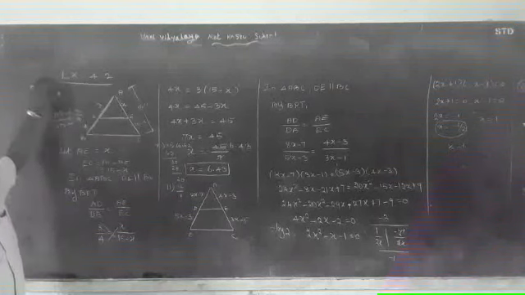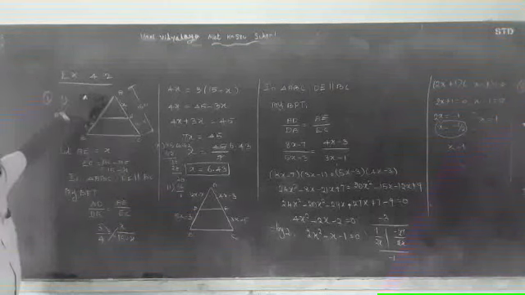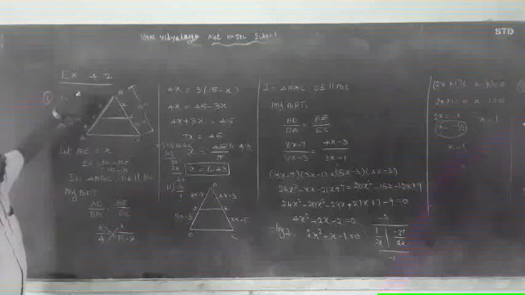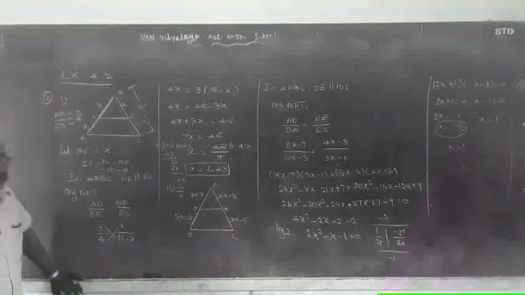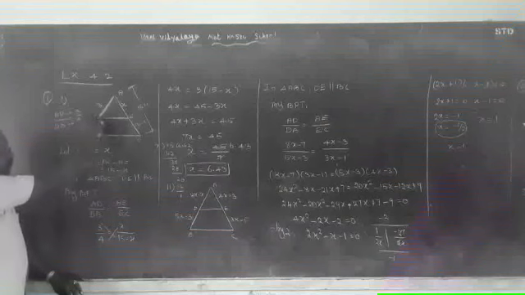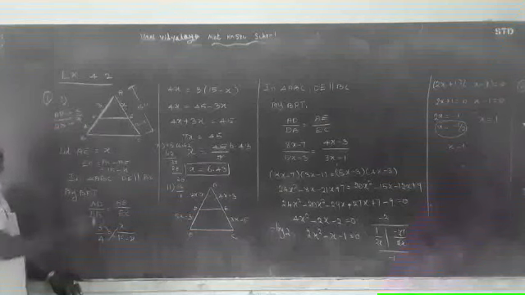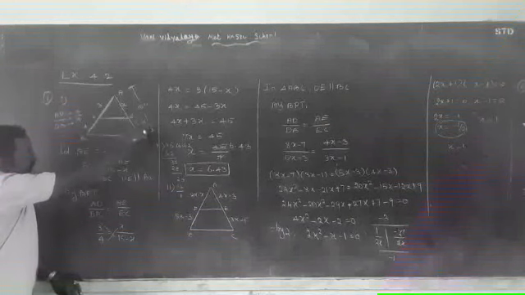So once again, another listen. In a triangle ABC, D and E are on the sides AB and AC. AD by DB equals 3 by 4 is given. So AD equals 3, DB equals 4.